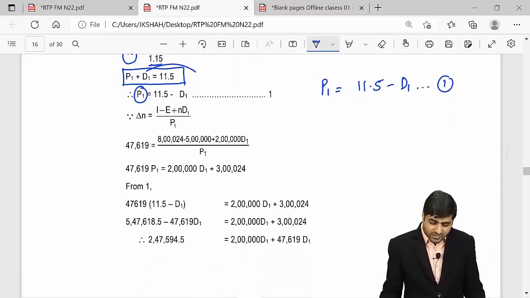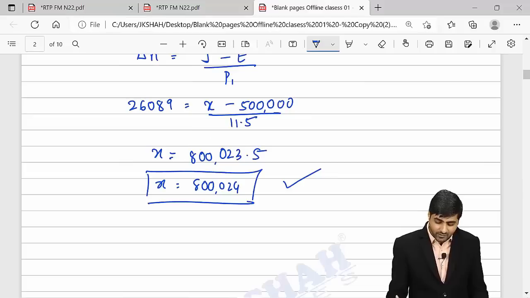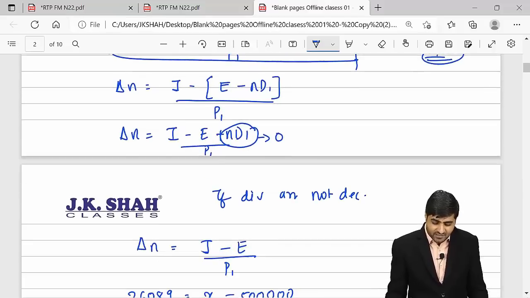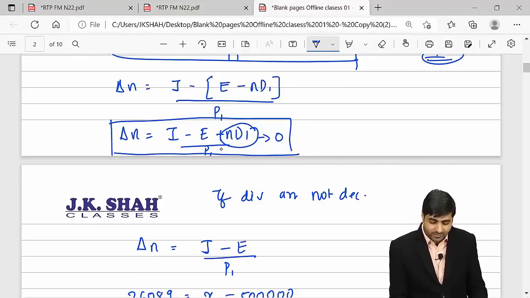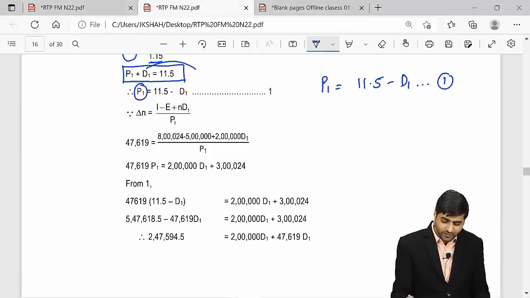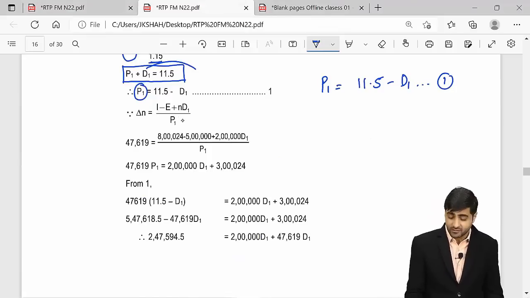Now, what is your change of N? As we have discussed, change of N is nothing but I minus E plus ND1 upon P1, right? So we have written here, change of N is I minus E plus ND1 upon P1.